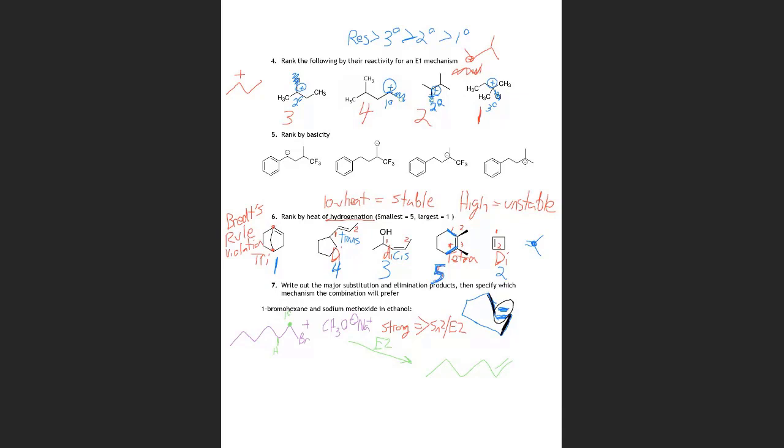For the SN2 product, we have the backside attack on that primary carbon. There is no stereochemistry here because there's two hydrogens on there, so it's not a chiral carbon. So what we are going to end up with is this. Did y'all follow both of those reactions?